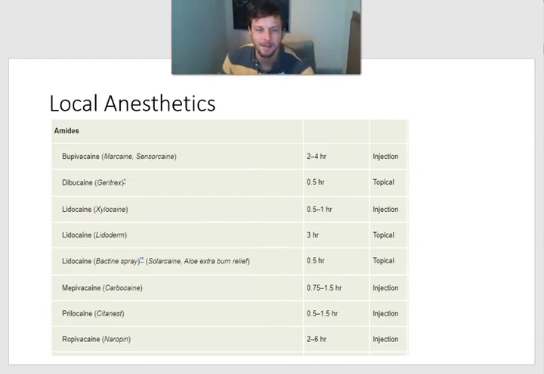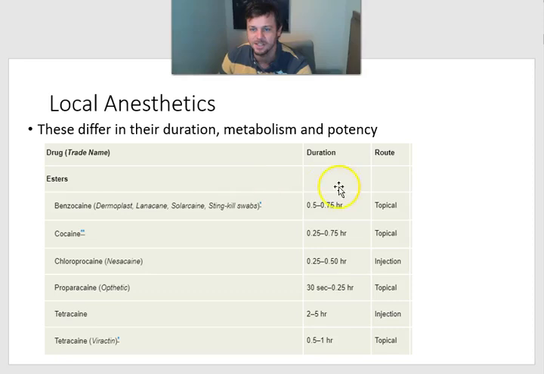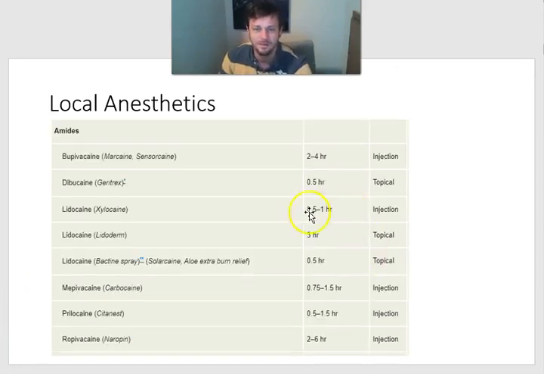When we get to our amides, duration is different here. Proparacaine goes from 30 seconds to just a quarter of an hour, so 15 minutes max, versus lidocaine here, which can go up to 3 hours.